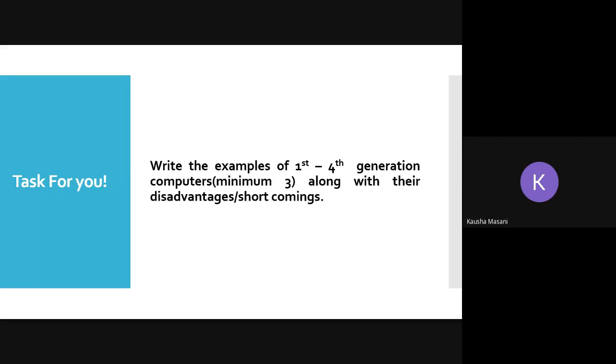Like first generation you give minimum 3 names, second generation you give minimum 3 names, along with 2 disadvantages, or say the shortcomings. Or say why, in other words, why we evolved from first generation to second generation.